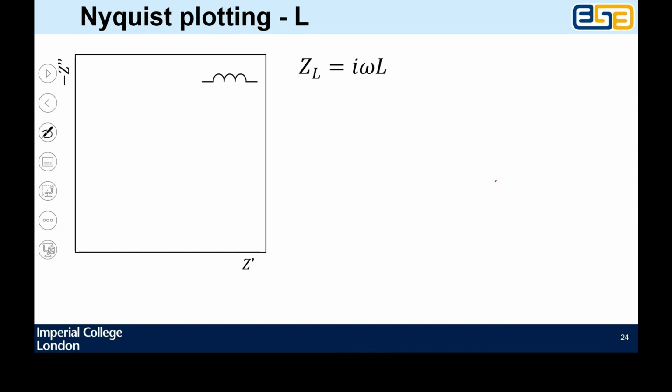What happens when omega becomes a very small number?